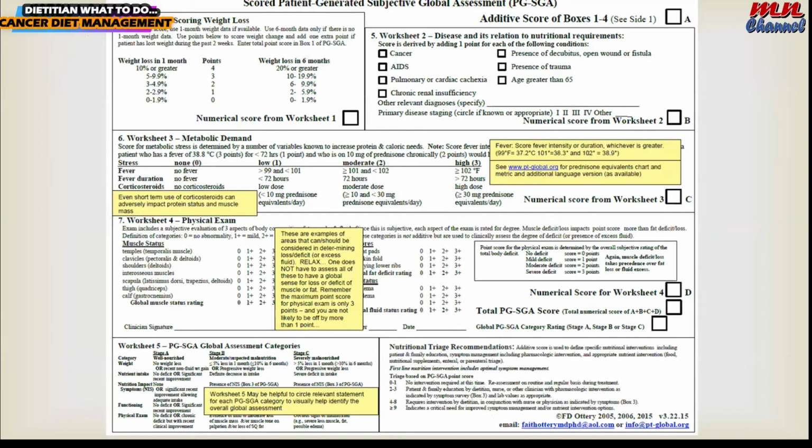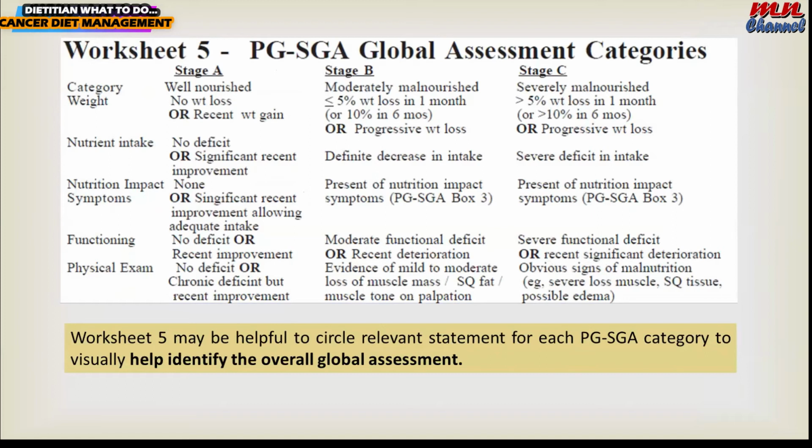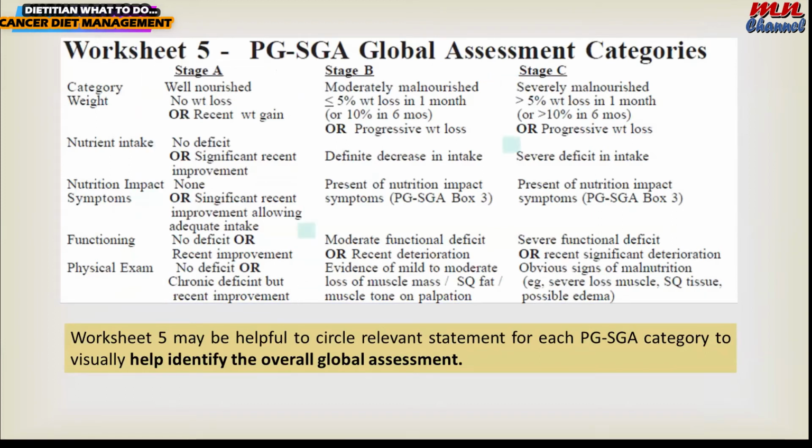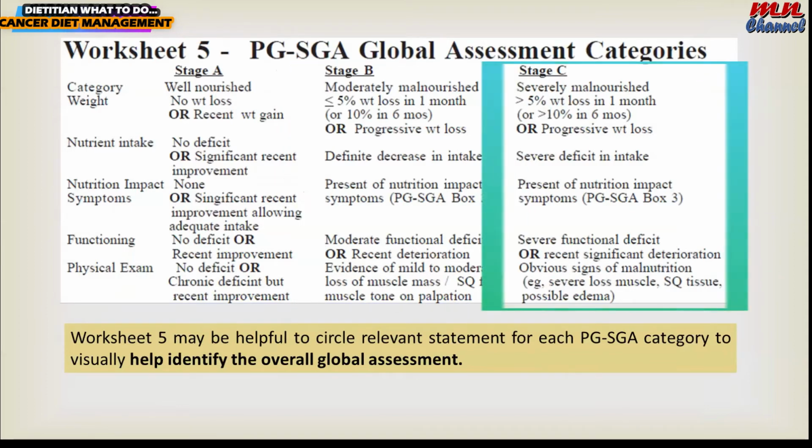So the second page needs to be completed by us, the trained healthcare workers, to see if there is any increase in metabolic demand. We want to see the muscle status and the fat status, so then we can categorize the patient accordingly: either very well nourished, mild to moderately malnourished, or severely malnourished, or any nutrition impact symptoms in between.